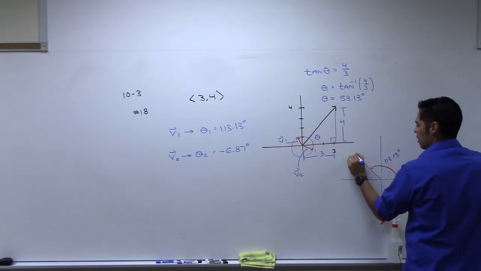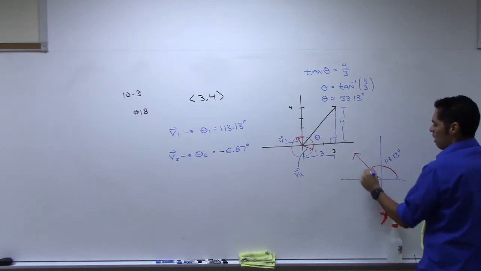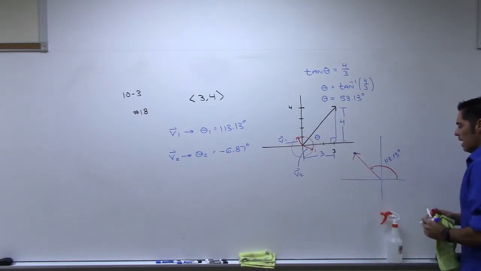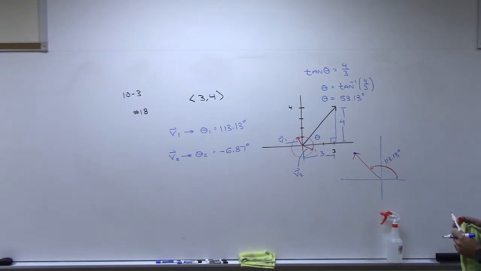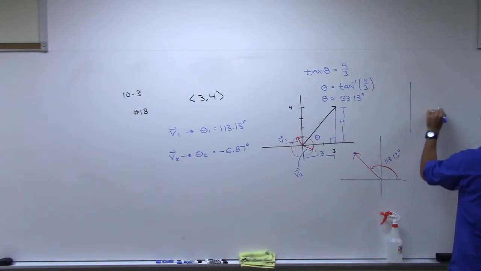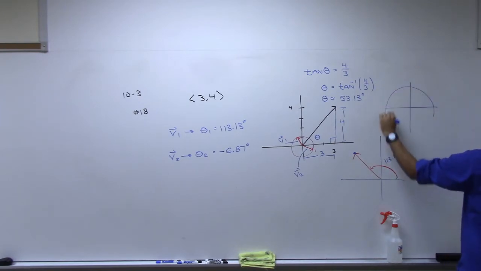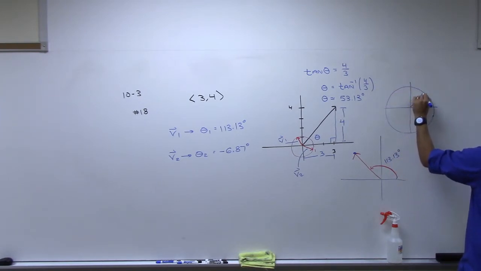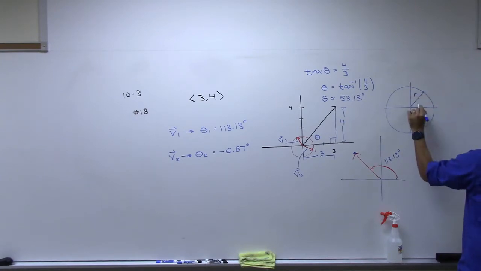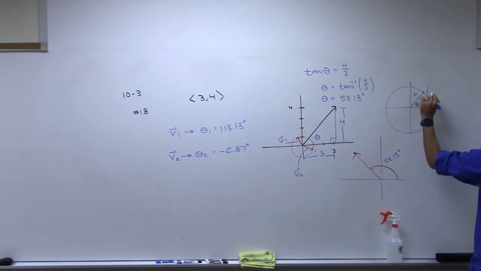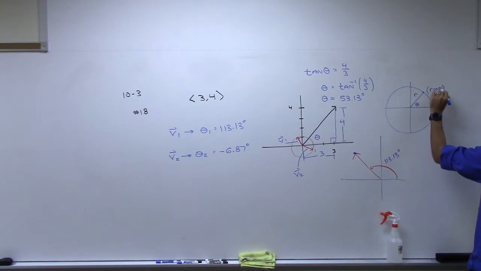What we want to know are basically the x and y coordinates of this point. To do that, I can use the relationships I learned in pre-cal that say that if you have an arbitrary circle, not a unit circle, of radius r and an angle theta, the x coordinate is r cosine theta and the y coordinate is r sine theta.